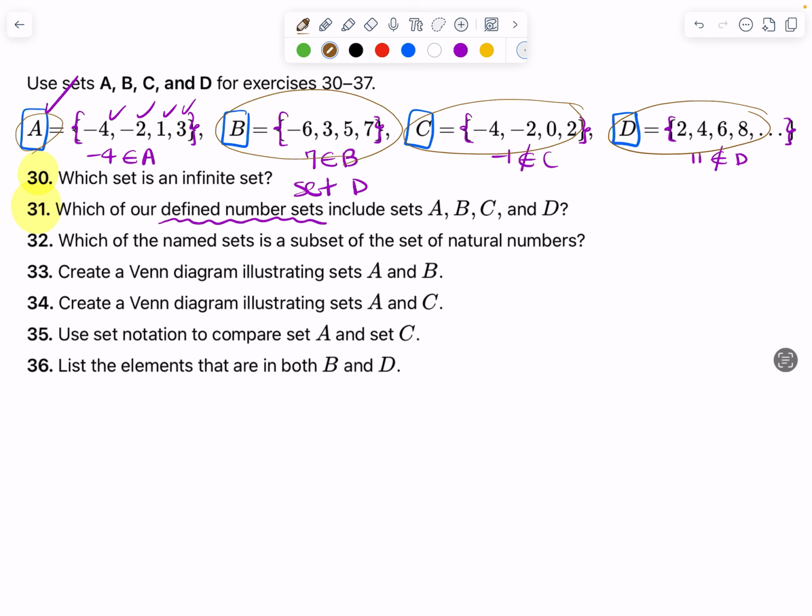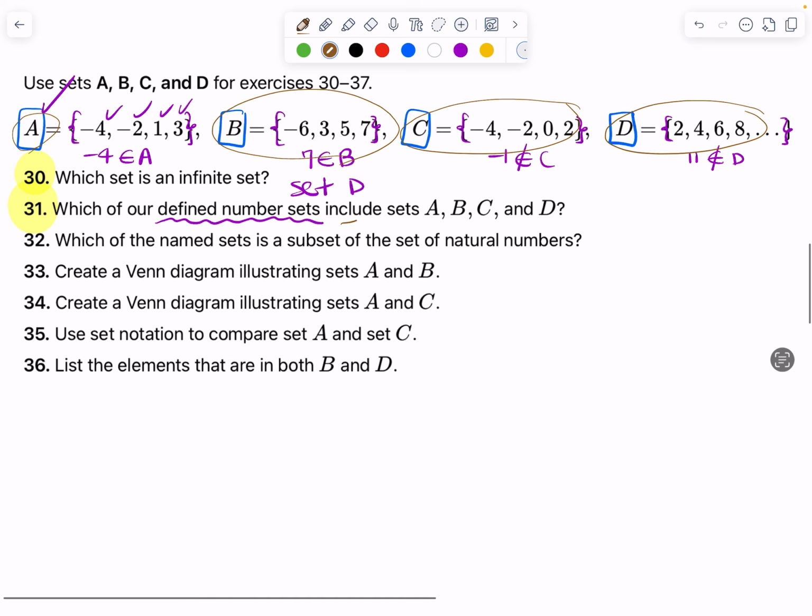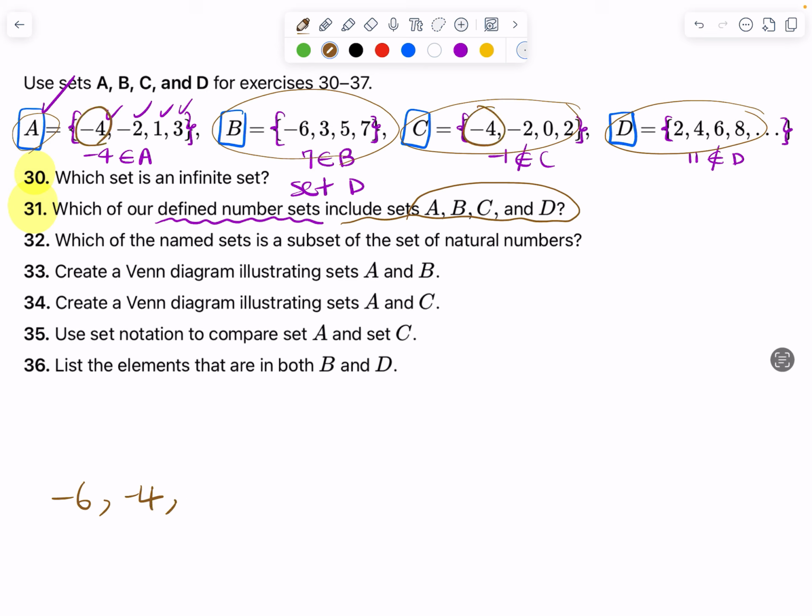So if you say the defined number set includes all of them together, I'm going to list them from least to greatest. These are elements from all 4 sets. -6, -4, -4 is repeating, but it doesn't matter, -2, and then 0.